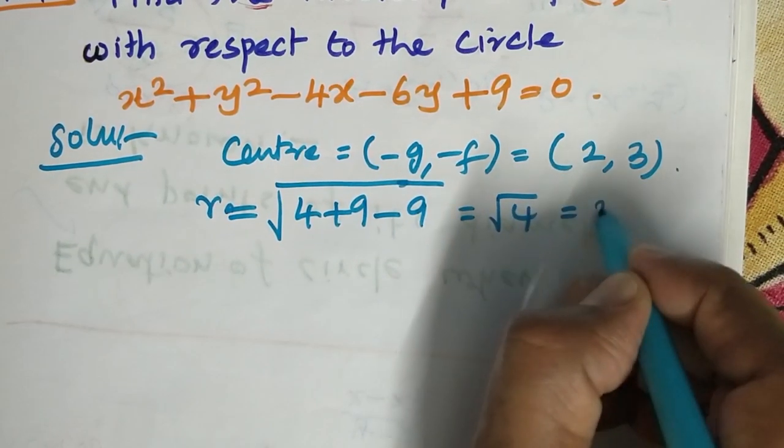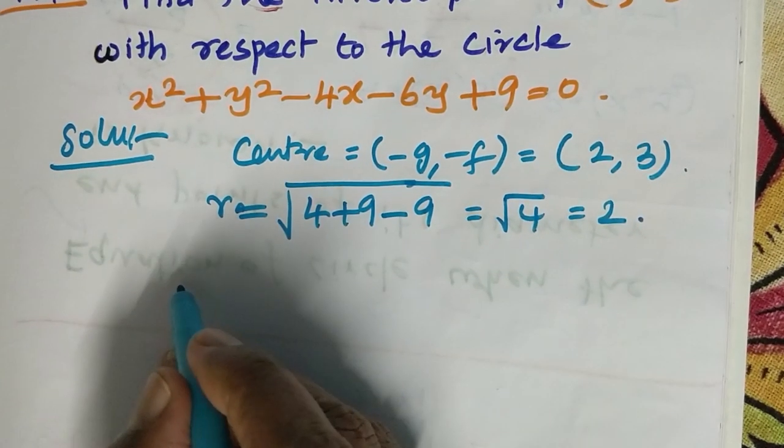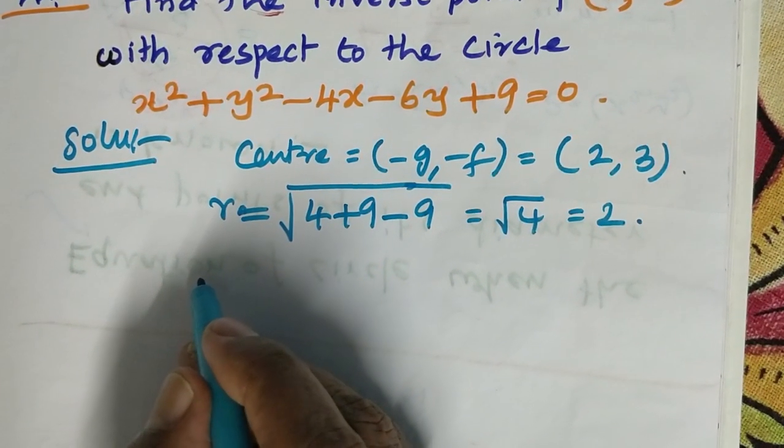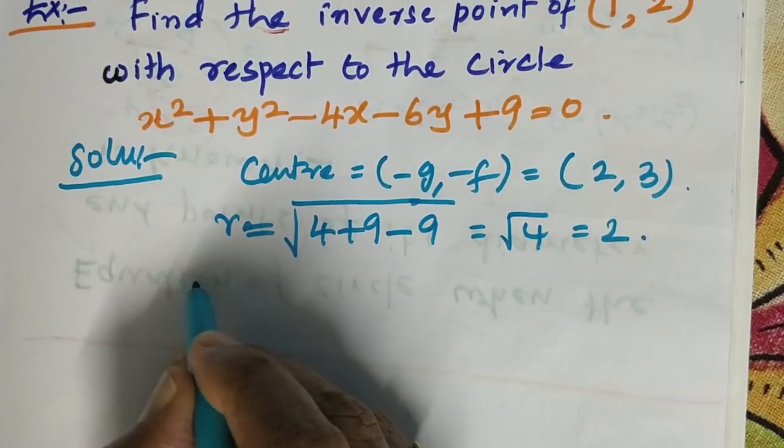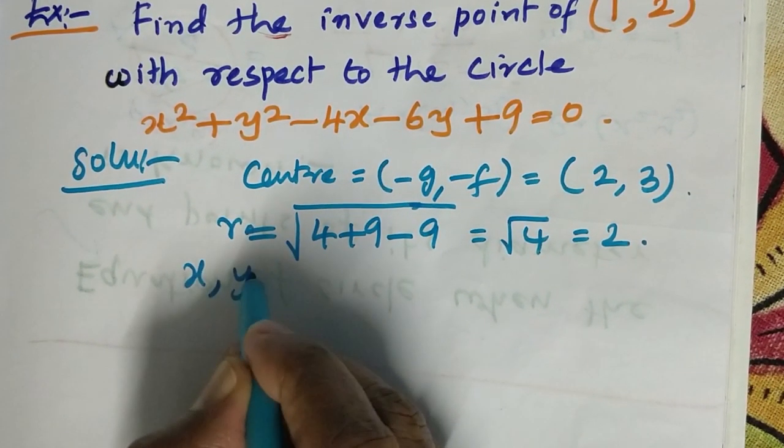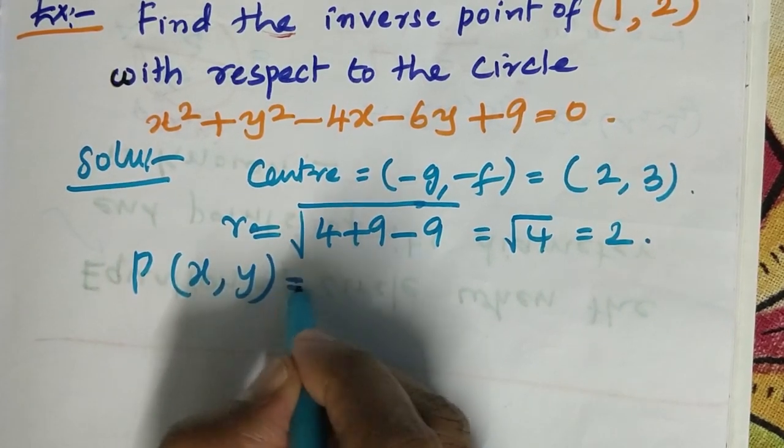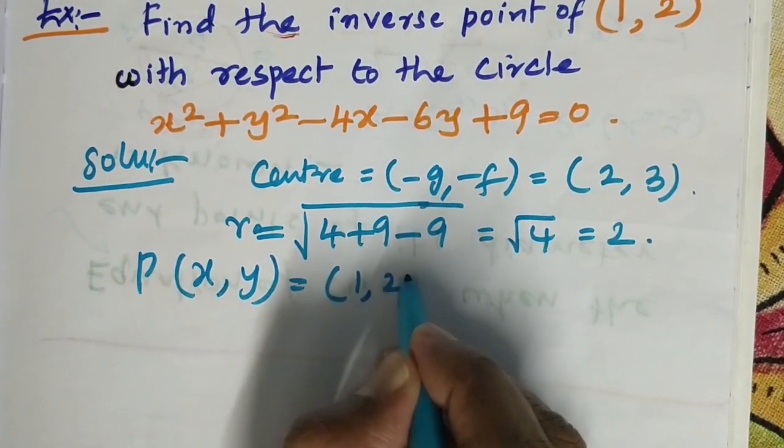Right? Now use the formula. Okay, what is x comma y? A given point x comma y is equal to 1 comma 2. I am using the formula.